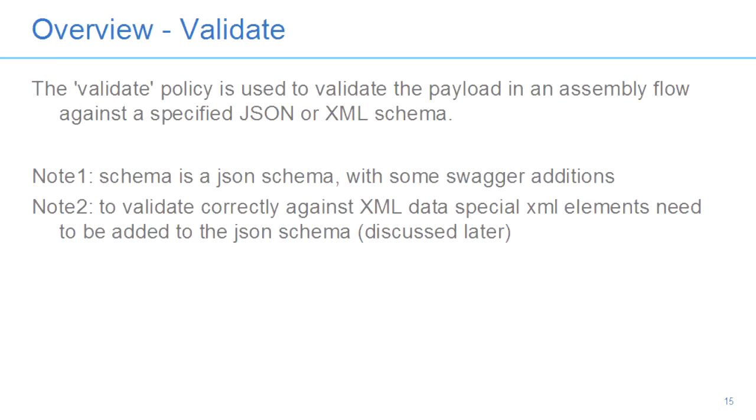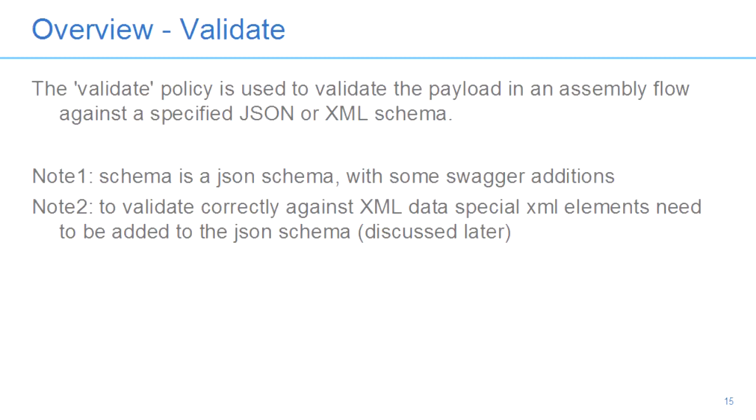So the next policy is the validate policy. Now, the validate policy is new in version 5 and is used to validate the request or the response of data coming into the API, or the response from an invoke or a proxy, and the data going back to the client.